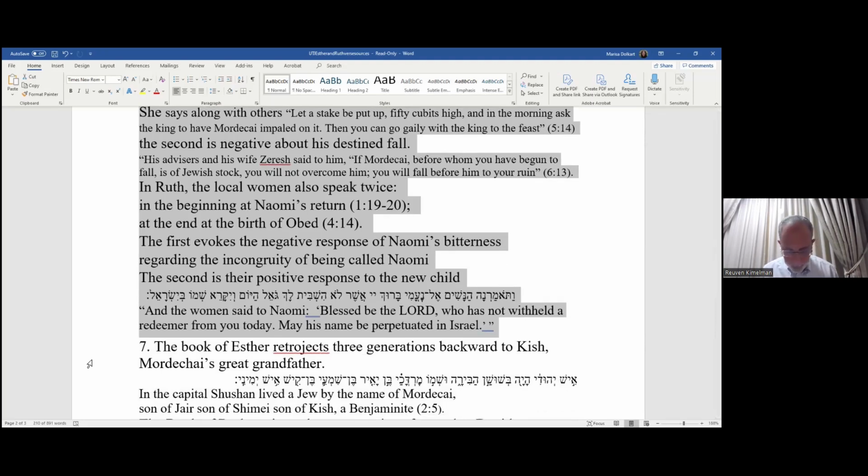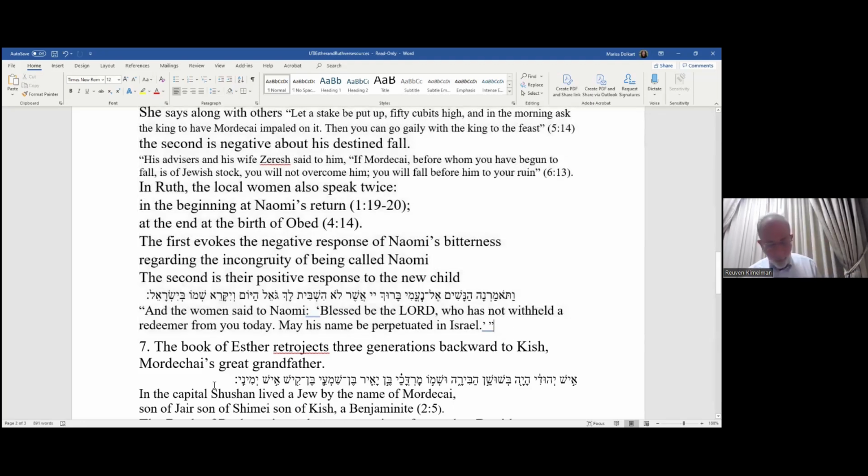And the women said to Naomi, blessed be the Lord, who has not withheld a redeemer from you today. May his name be perpetuated in Israel. So in both cases, we have women intruding. With regard to the book of Esther, it starts off positive, ends up negative. In the book of Ruth, it's just the opposite. Starts off negative, ends up positive, as if one were the mirror opposite of the other.